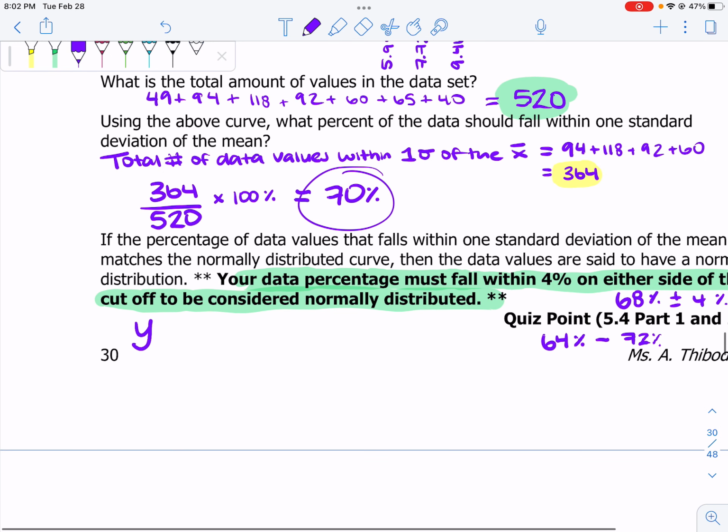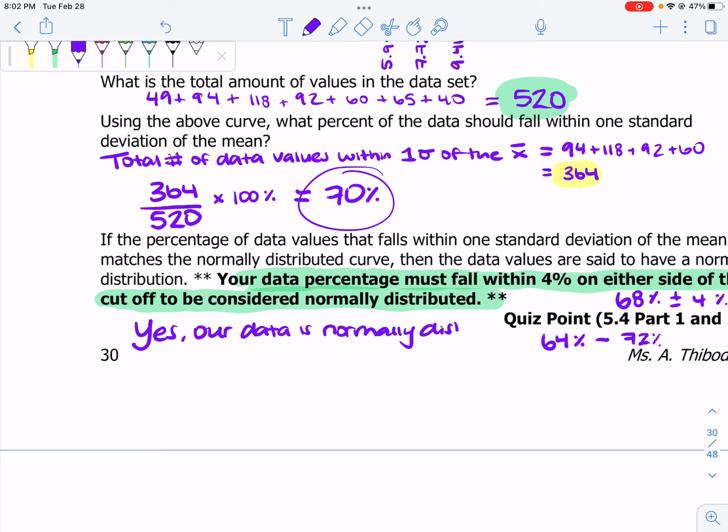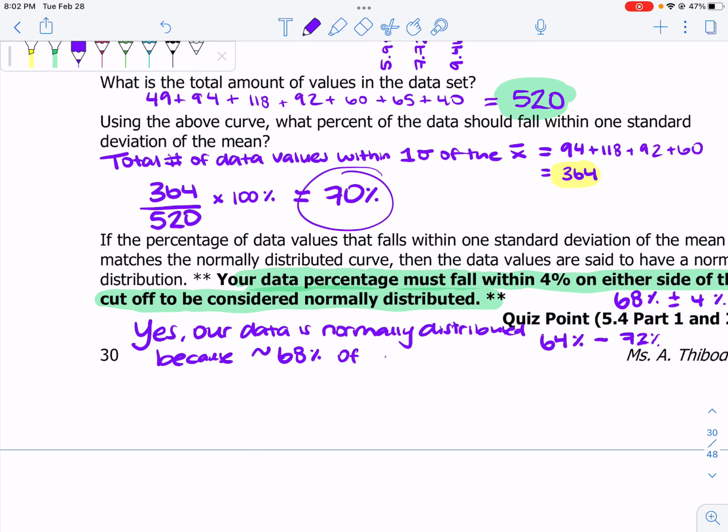So we would say, yes, our data is normally distributed, because approximately 68% of data falls within one standard deviation of the mean. And that's how we determine algebraically if something is normally distributed or not.